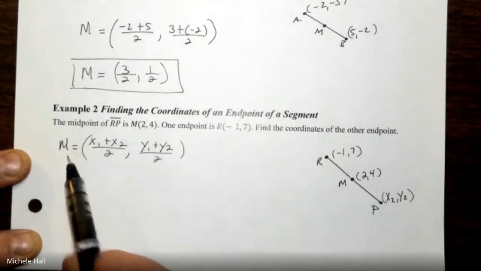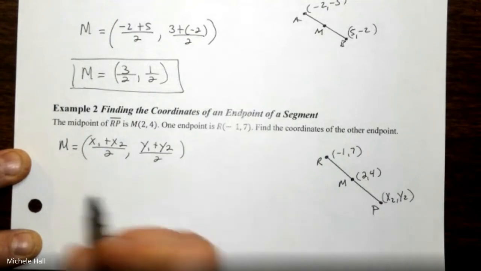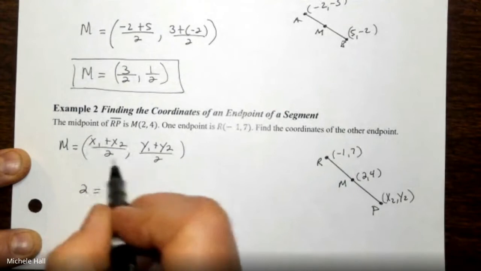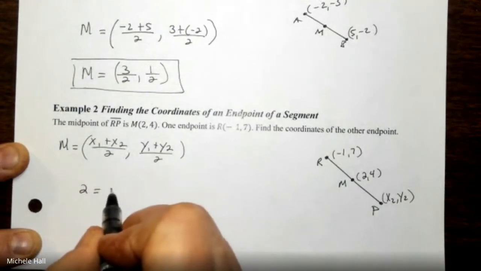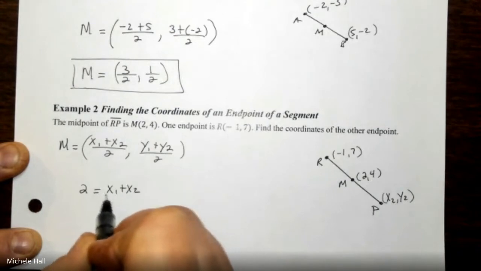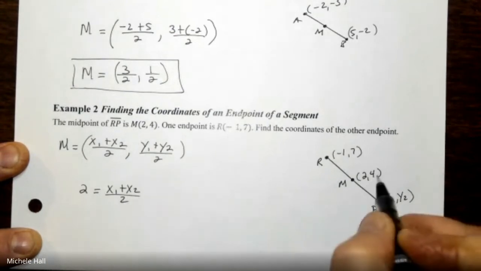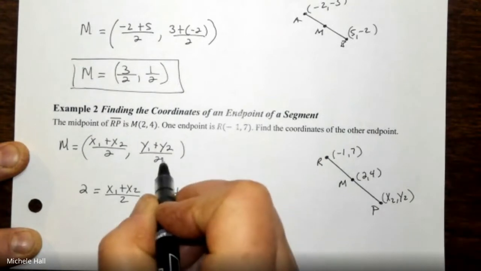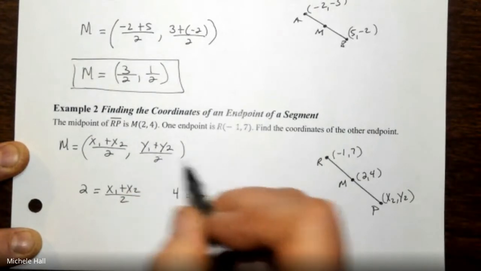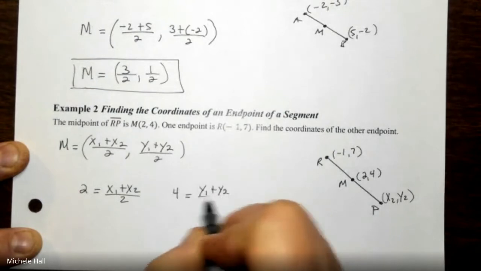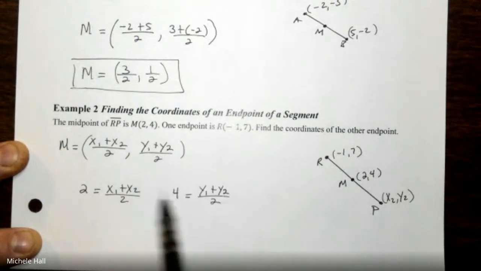Our midpoint, we're going to take the x, which is 2, and set it equal to the x part of the midpoint formula. That would be x1 plus x2 divided by 2, and then we're going to take the y value 4 and set it equal to the y part of the midpoint formula. We know what x1 and y1 are.